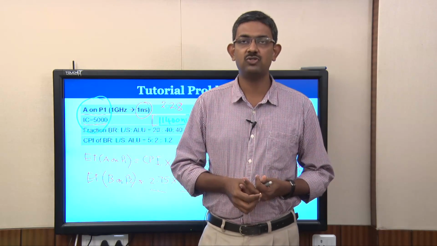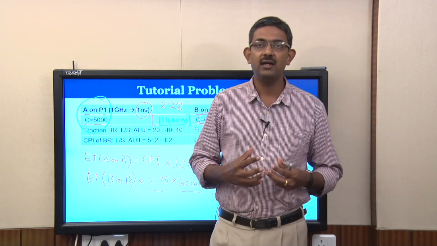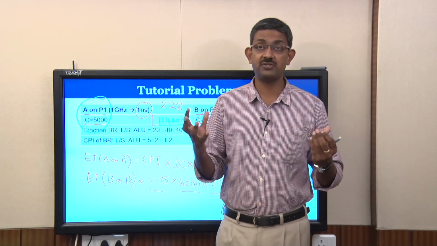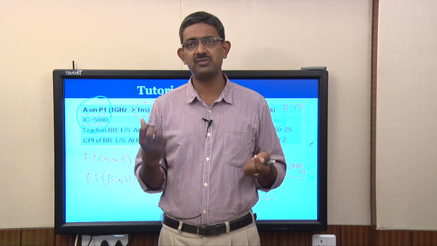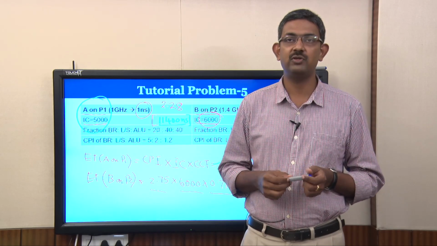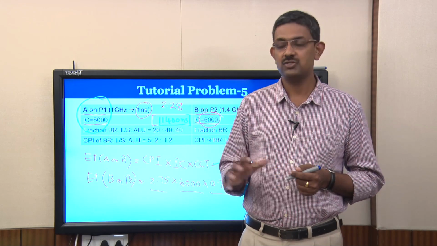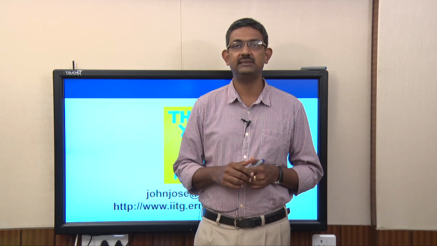So, A on P1 solves the problem faster than B on P2. So, in this way, given two designs, two processors of different frequency, two different programs running on these two processors, and what is the approximate time that you are going to take, effectively it is going to be managed by this. So, with this we come to the end of today's tutorial session.